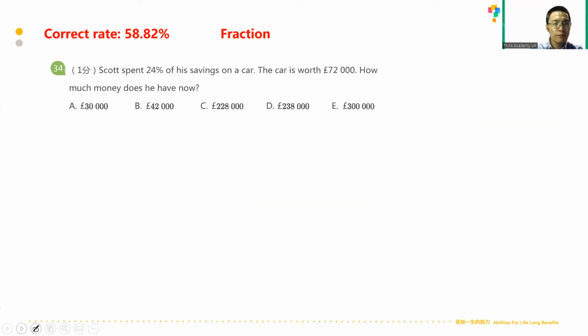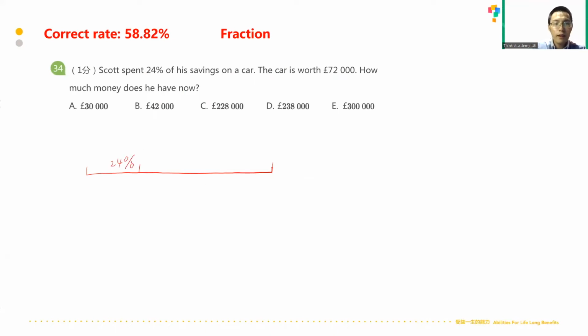Right, and then let's move on to question number 34. Scott spent 24% of his savings on the car. The car is worth 72,000 pounds. How much money does he have now? Right, so we know this is a whole and part problem. The car is 24% of his whole savings.